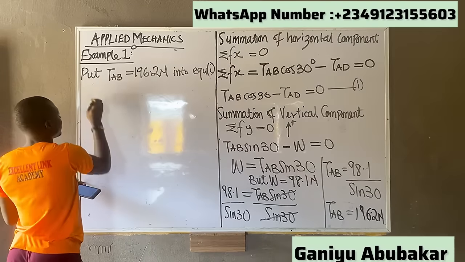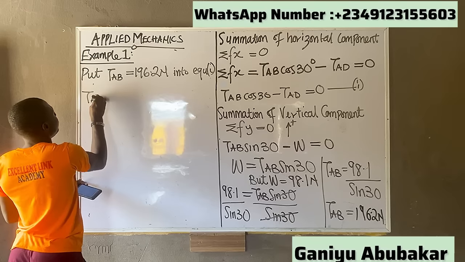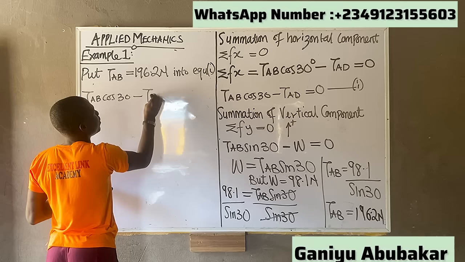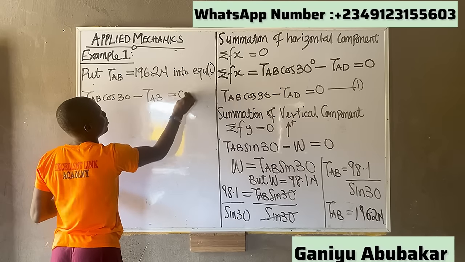Equation 1 says TAB cos 30 minus TAD equals 0.